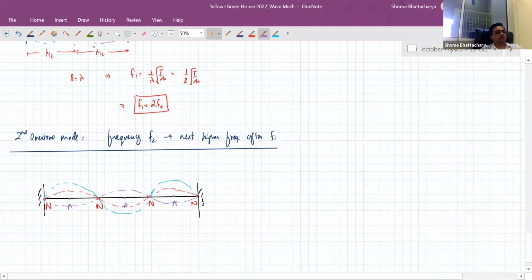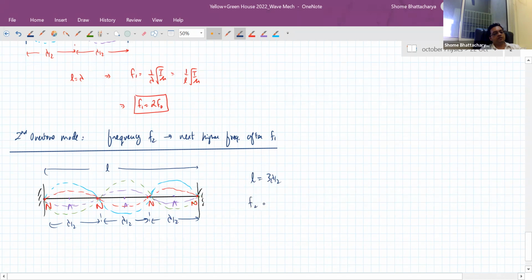As it vibrates in this pattern, you can see that the frequency corresponds to the situation where the length of the string is occupied by 3 half wavelengths, or 3 loops. So L in this case becomes 3 lambda by 2.